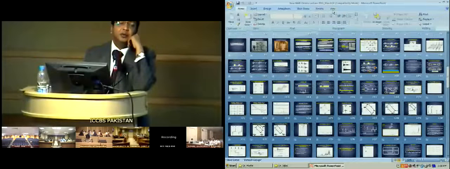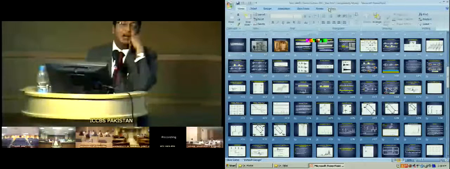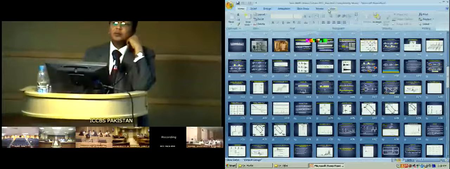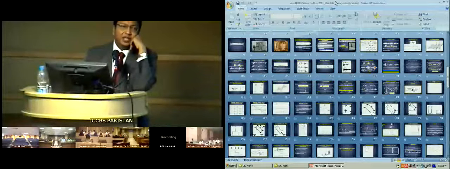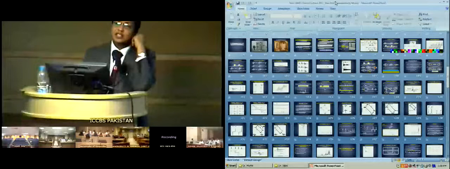For instance, terpenes are synthesized from a very simple molecule called isoprene. Isoprene is synthesized from mevalonic acid, and mevalonic acid is synthesized from acetoacetate. Acetoacetate is synthesized from acetic acid.